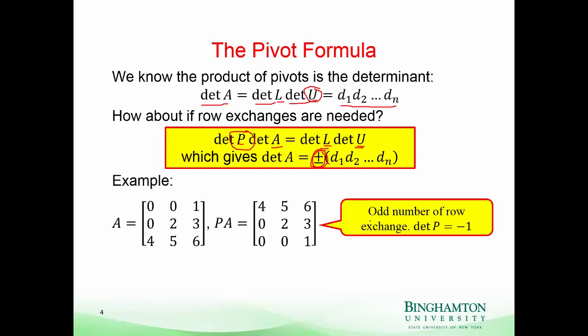So here's a very simple example where we don't even have to work to get the decomposition once we do the permutation. So we start off with A, and we recognize that we've got a 0 here, which violates our setup for doing conversion into LU form, and we also see that we have a 0 here as well.